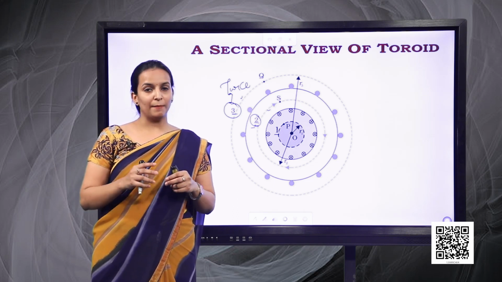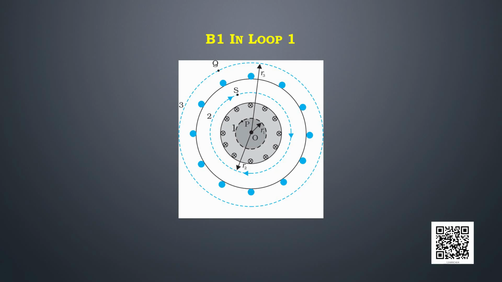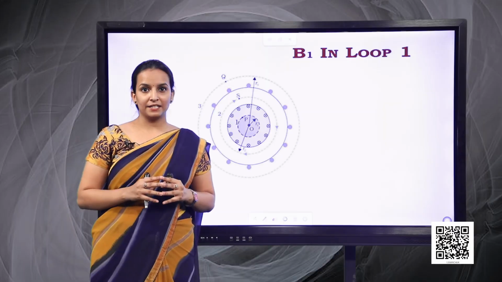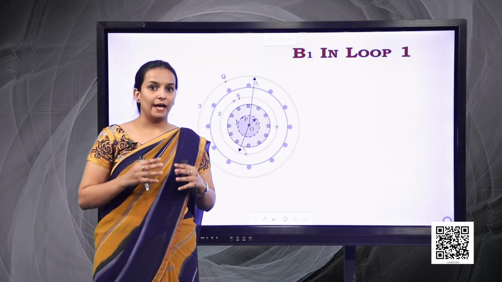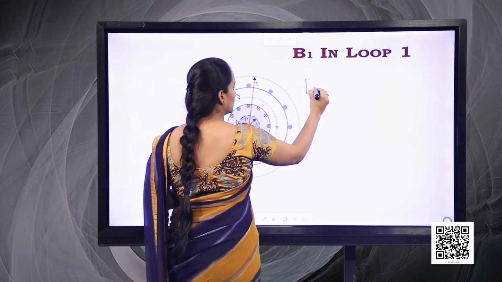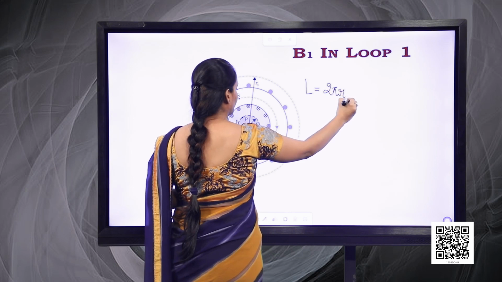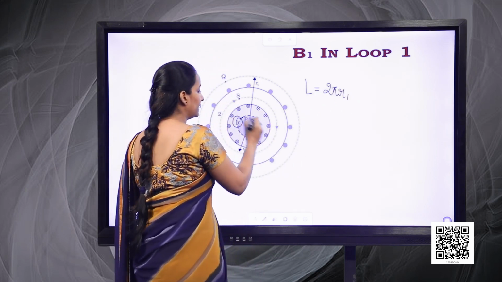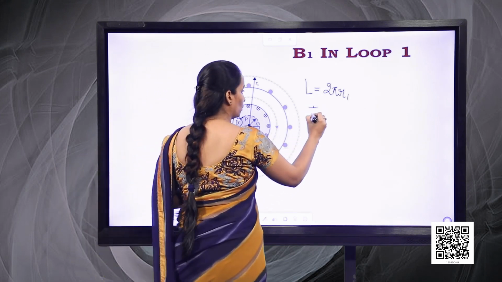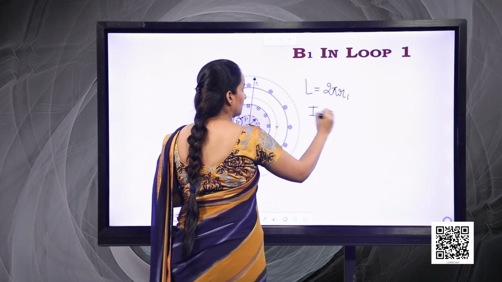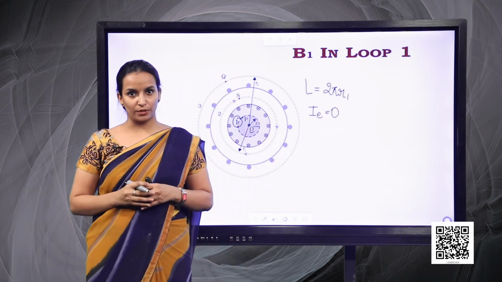Let's find out the magnetic field in each loop one by one. Starting from loop 1, let the magnetic field along loop 1 be B1, and L is given by the circumference of the circle, which is 2 pi r1, because for loop 1 the radius is r1, and the current enclosed by this loop 1 is 0, because no current is flowing through it.